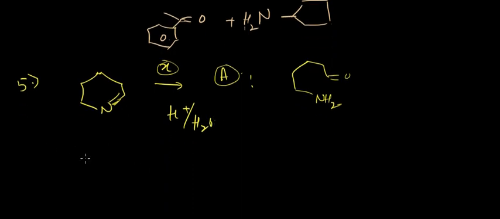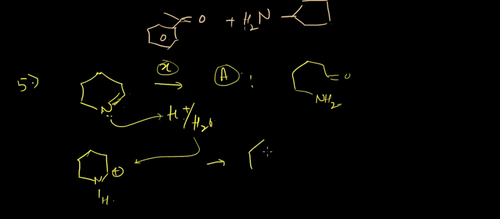What will take place is the double bond between the carbon atom and nitrogen atom will be broken, and the lone pair of the nitrogen atom will get attached to the H, and we will have a positive charge here. So OH will get attached to the positive charge, and we'll get something like this.